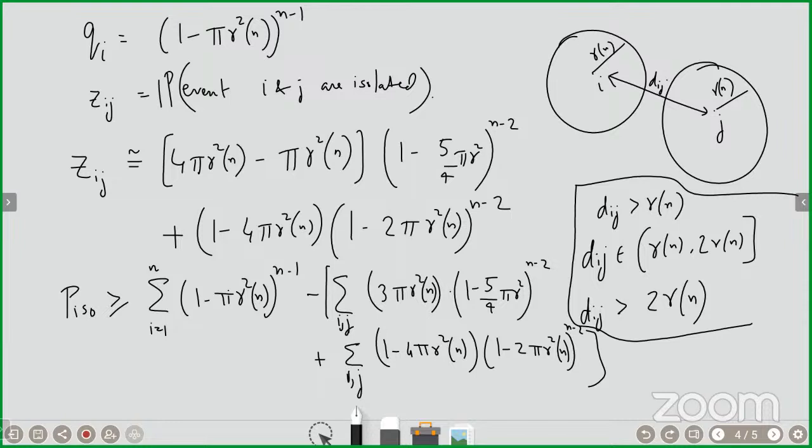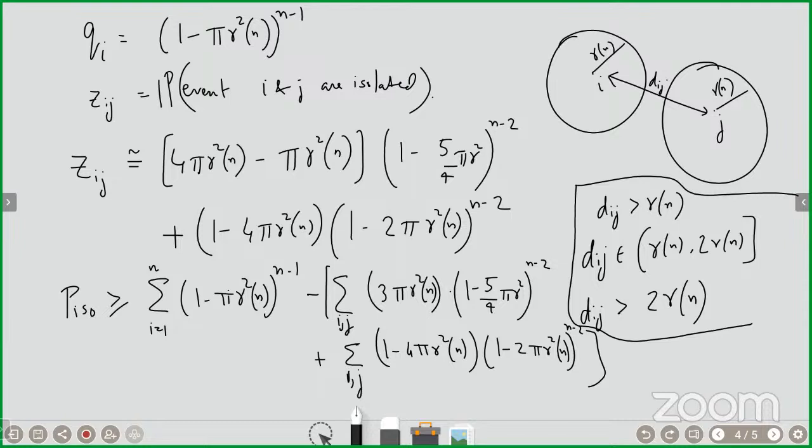Order-wise, what are these? n into n minus 1 into what? So there is r square n, and then this is 1 minus t.